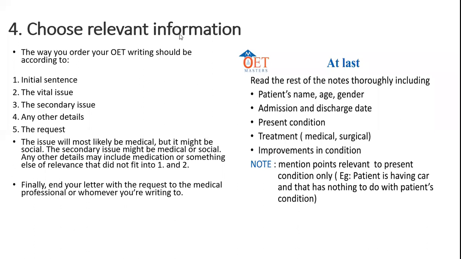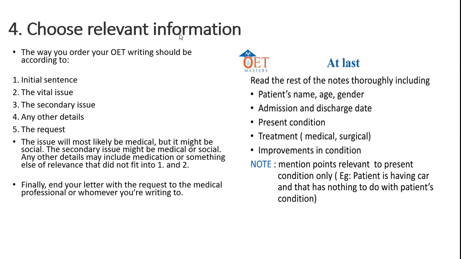Then you have the secondary issue. Secondary issue can be related to medical history, medical factors, or social factors. For example, if it's a case of depression or some kind of psychiatric illness, then you can mention the social factors, that the person lives alone, has no friends, and this kind of information. These are the secondary complaints.